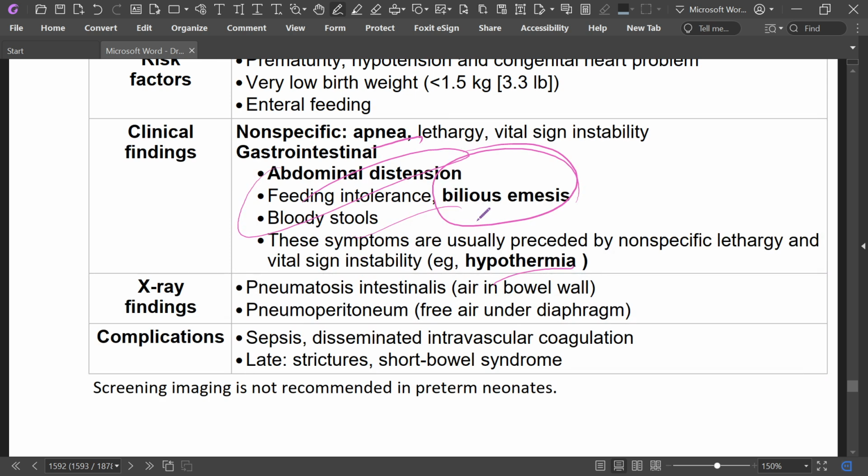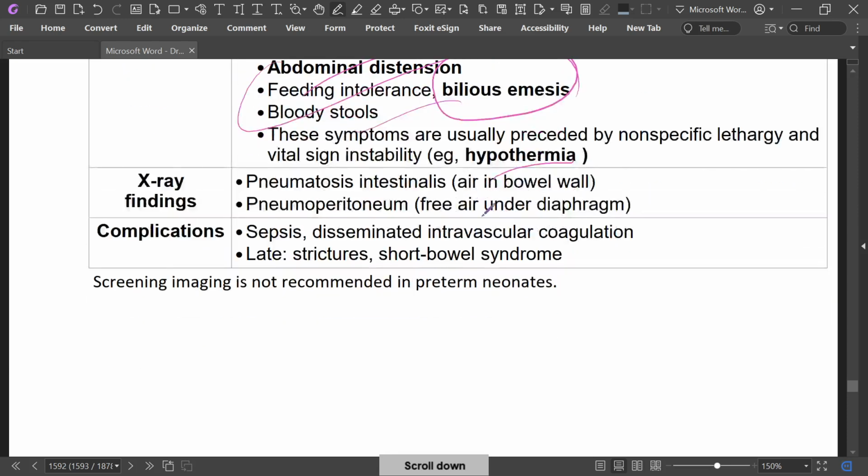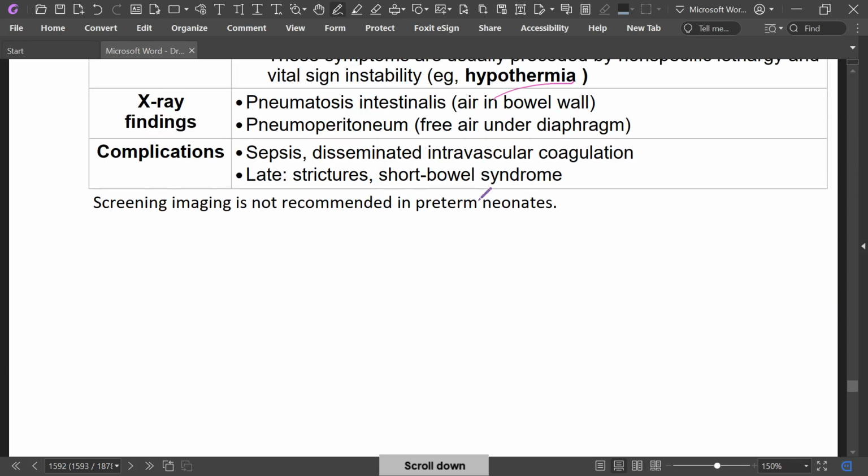Abdominal distension, pneumatosis intestinalis, which is air in the bowel wall, and free air under the diaphragm, which is pneumoperitoneum.